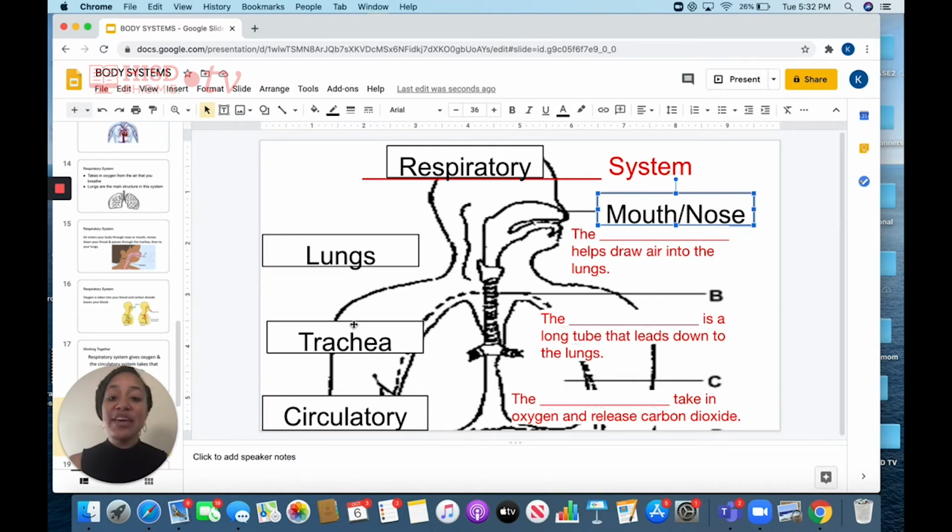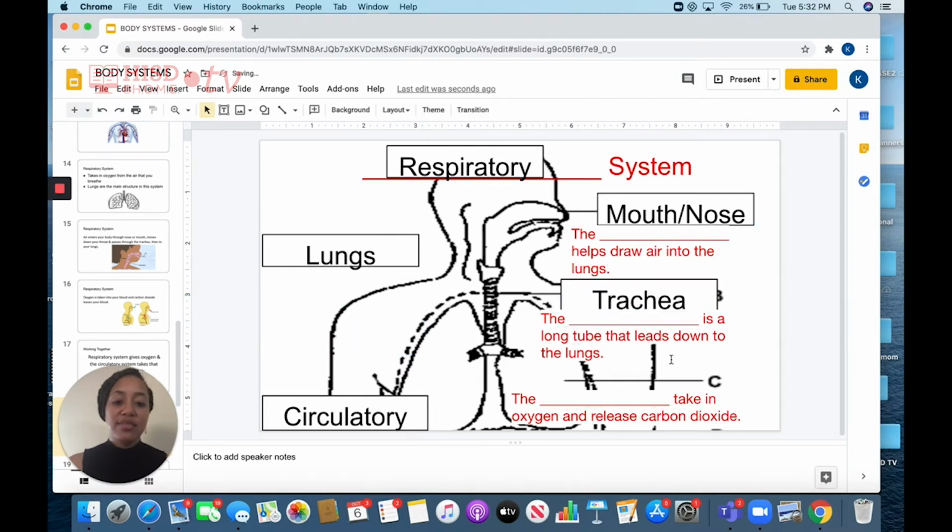Yes, it would be the trachea. And last but not least, letter C says the blank take in oxygen and release carbon dioxide. And it's pointing to these two sacs here. Yes, those are images of our lungs.